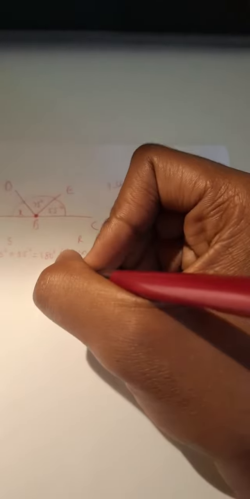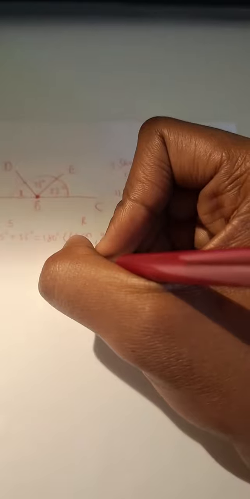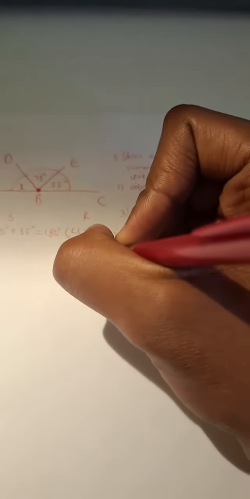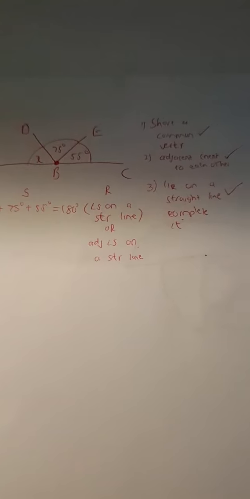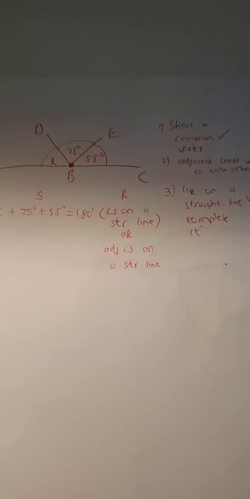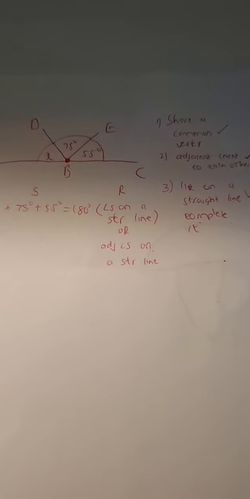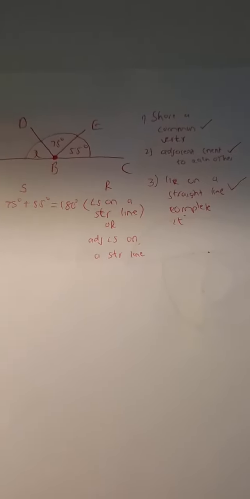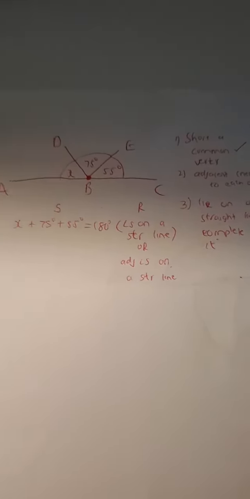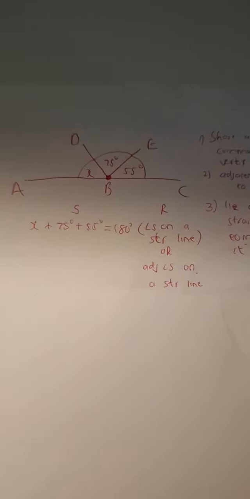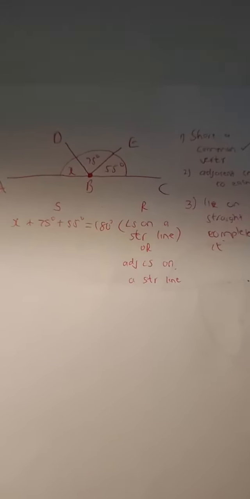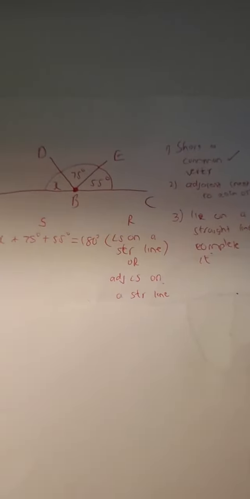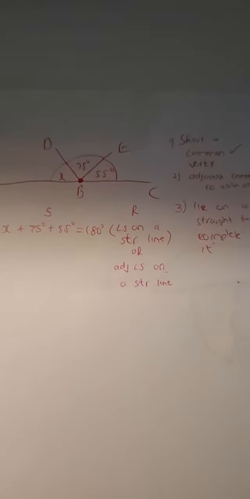The other one that they do accept, okay, it's not in the acceptable reason document, but you can say adjacent angles on a straight line. You can say this as well. The other one, this one that you've just written down, I would discourage it. Supplementary adjacent angles. I get your point, but like I said, there's a document, guys.